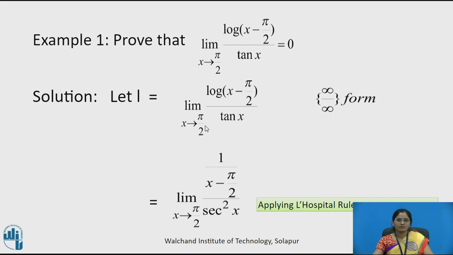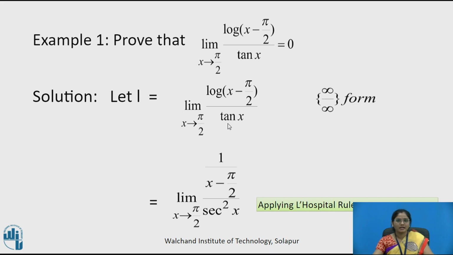Now students, substitute the limit as x tends to pi by 2. What will we be getting? Log of pi by 2 minus pi by 2. You are getting this as log 0. And we know that log 0 is always infinity.